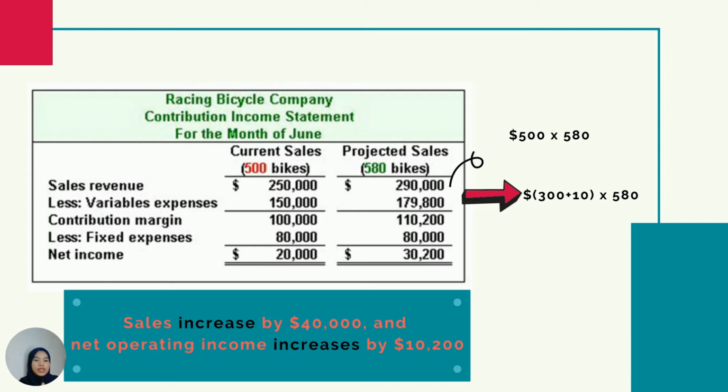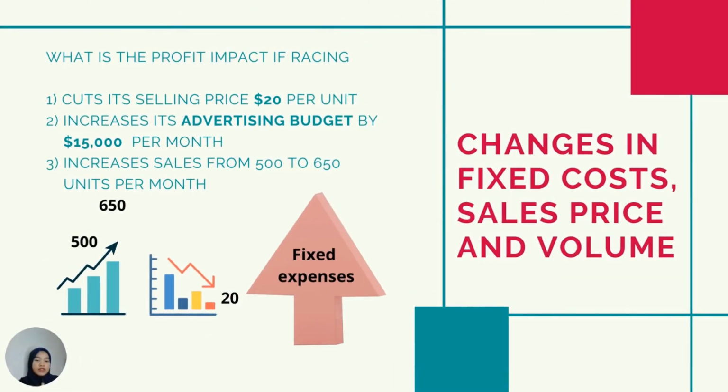Less fixed expense 18,000. Then the new income is 30,200. So the sale will be increased by 40,000, and the net operating income also will be increased by 10,200.